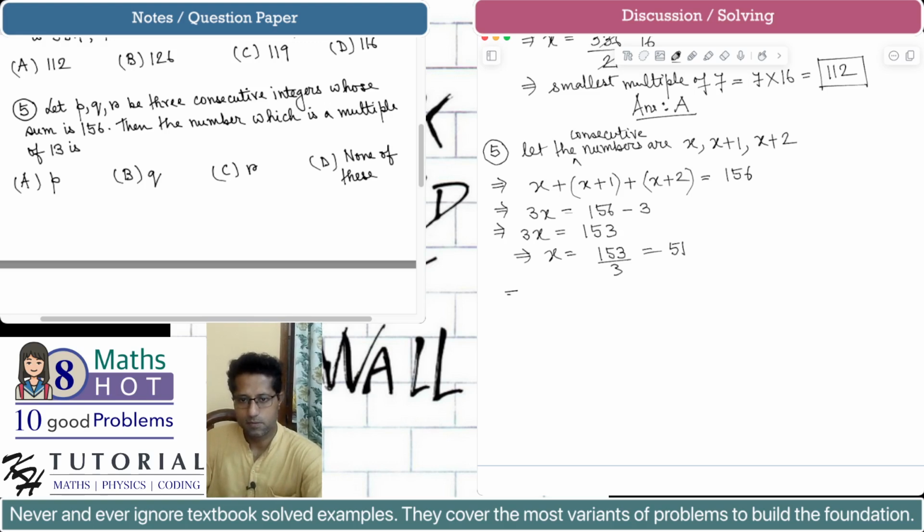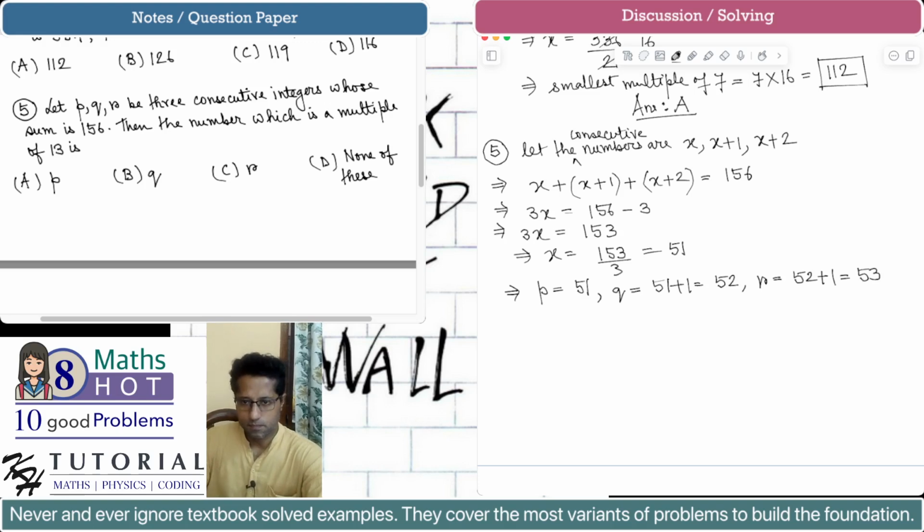So this implies P is equal to 51. Q will be 51 plus 1, that is 52, and R will be 52 plus 1, which is 53.